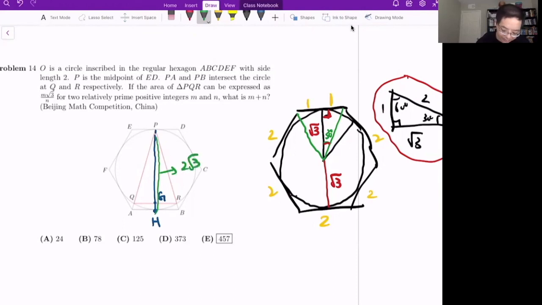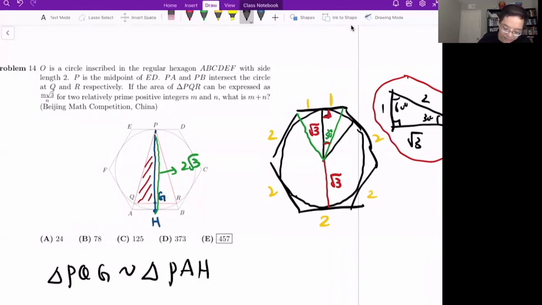And we know the triangle PQG is similar to triangle PAH.